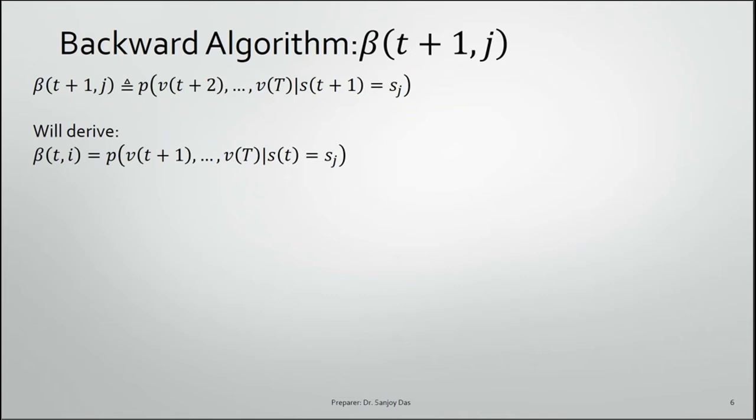By definition, beta_{t+1}(j), now the present is pretended to be t+1, so the future starts from t+2. So beta_{t+1}(j) accounts for the outputs V_{t+2} until V_T given S_{t+1} is S_j. And using beta_{t+1}(j), we will derive an expression for beta_t(i), which is given by this probability.